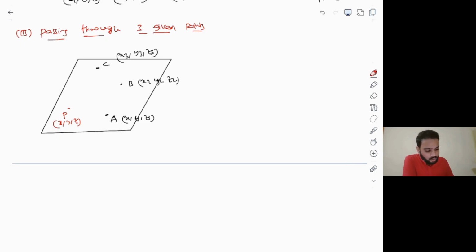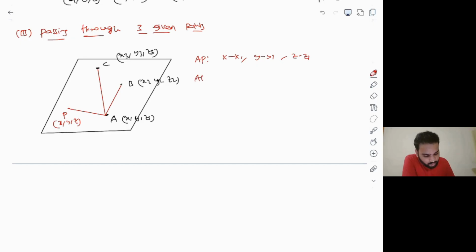Okay. So what I'm going to do is take three lines here: AP, AB, and AC. I'm going to write down the drs of these three lines one by one. So drs of AP are nothing but x minus x1, y minus y1, z minus z1.